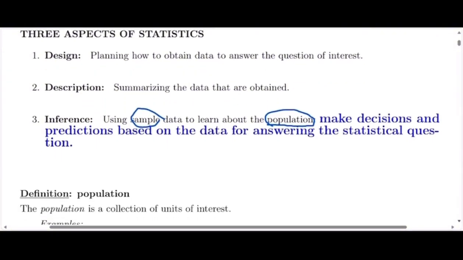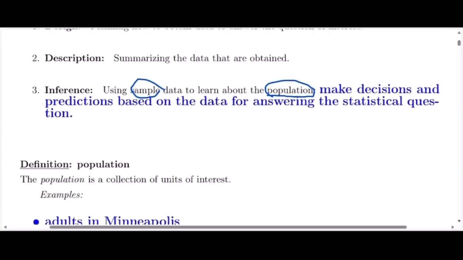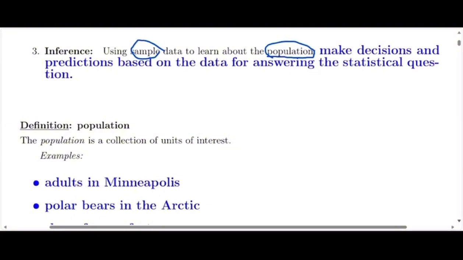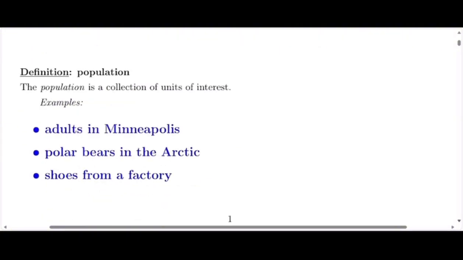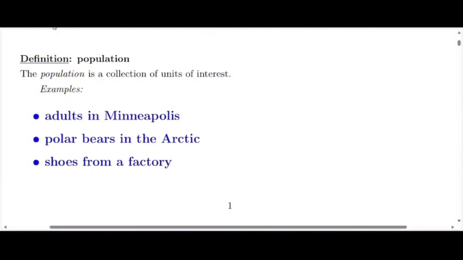Now, because I mentioned population and sample, I need to tell you the meaning of population, and I also need to tell you the meaning of sample. I've already said that, but I want to give an example right now, an example of a population. Like I said, that's a collection of units of interest.